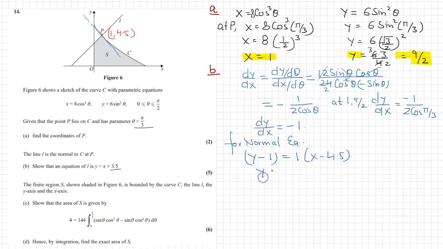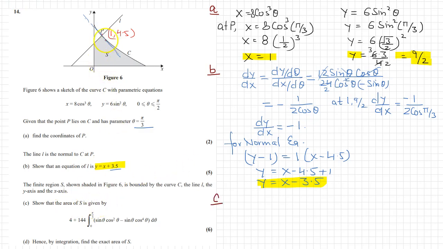So y is equal to x minus 4.5 plus 1. So y is equal to x minus 3.5. So that is what we are supposed to prove. y is equal to x minus 3.5 is the equation of the normal at point P.